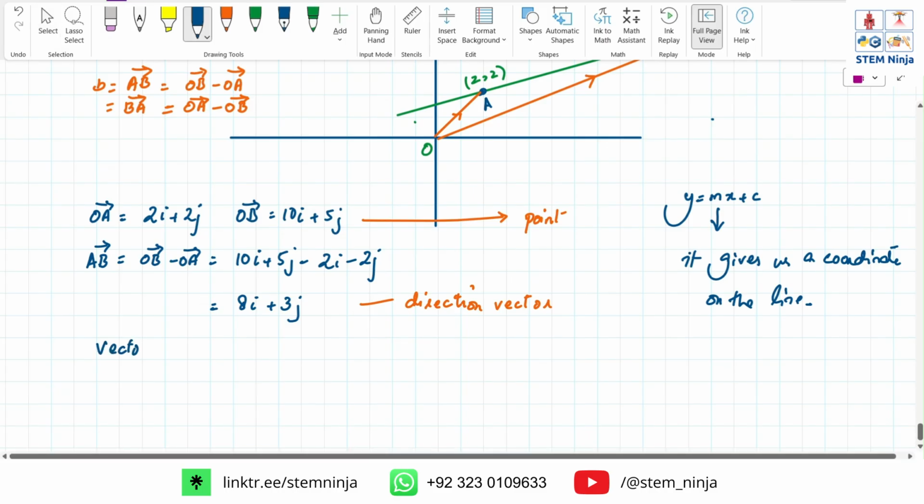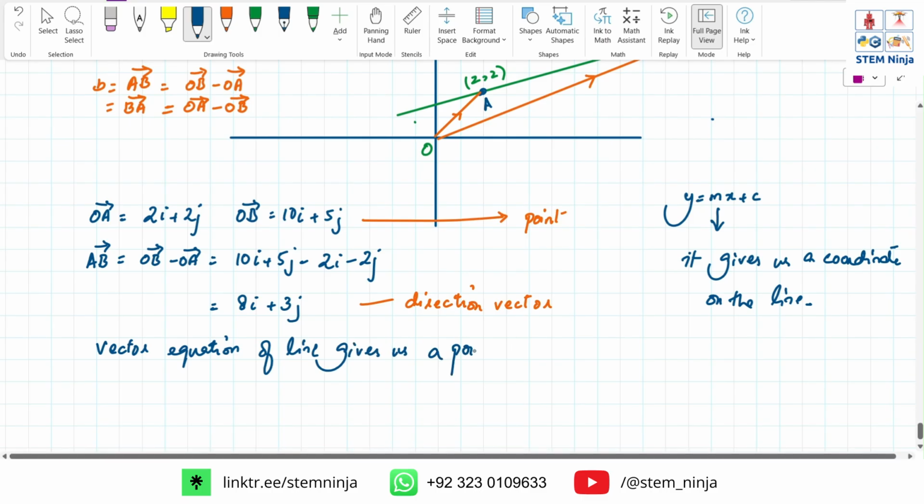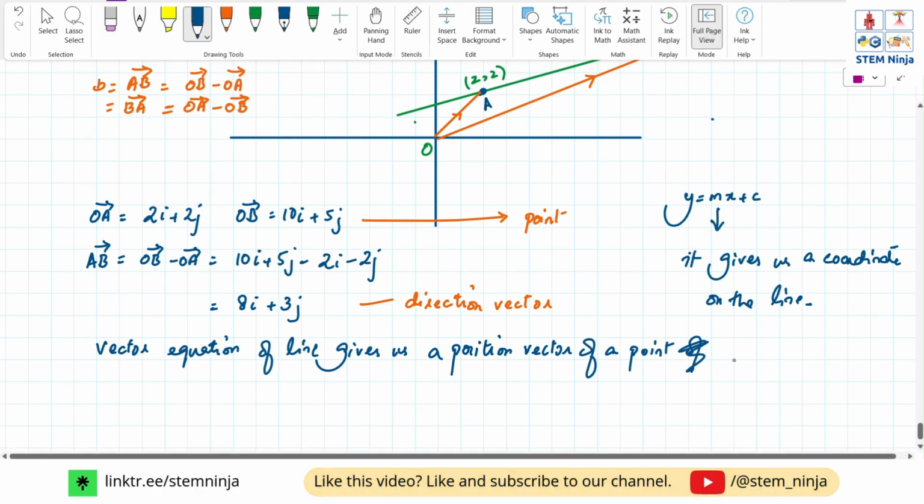The vector equation of the line gives us a position vector instead of just a simple coordinate. This gives us a position vector of a point on the line.